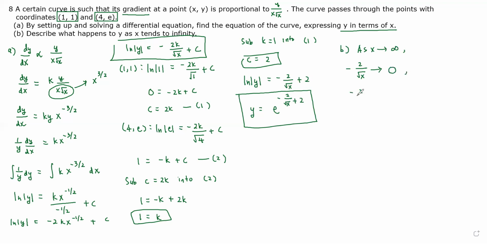Then negative 2 over root x plus 2, which is the exponent for the curve y, is going to approach 0 plus 2, which is 2. And y, which is e to the negative 2 over root x plus 2, approaches e squared, since the exponent approaches 2. So we say that as x tends to infinity, y tends to e squared.